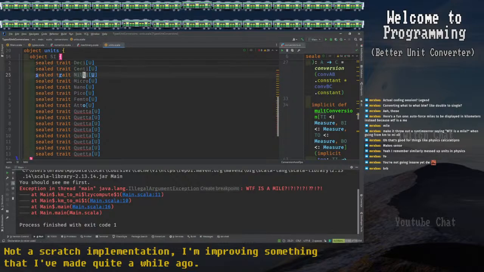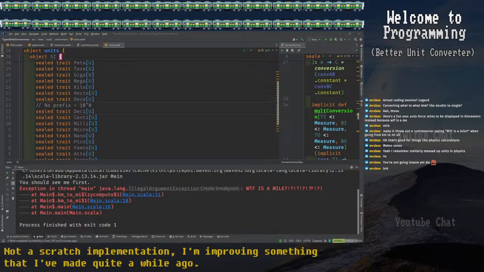Deci, Centi, Milli, Micro, Nano, Pico, Femto, Atto, Zepto, Yocto, Ronto, Quecto, and that's all the SI prefixes, at least the ones on Wikipedia.